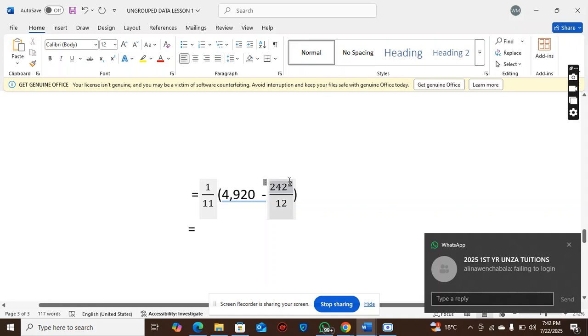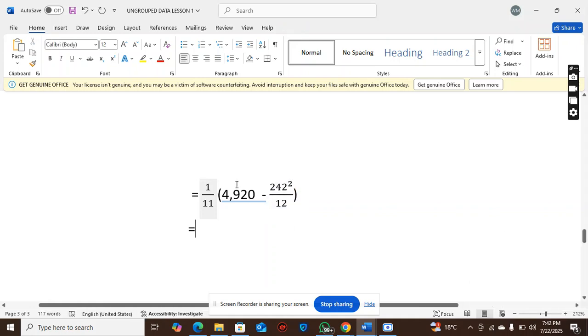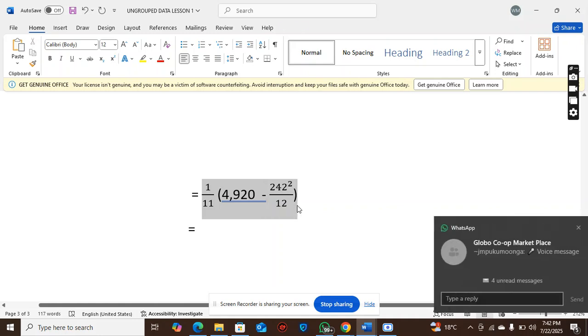When you do 242 squared, then divide by 12, you get 4,088.